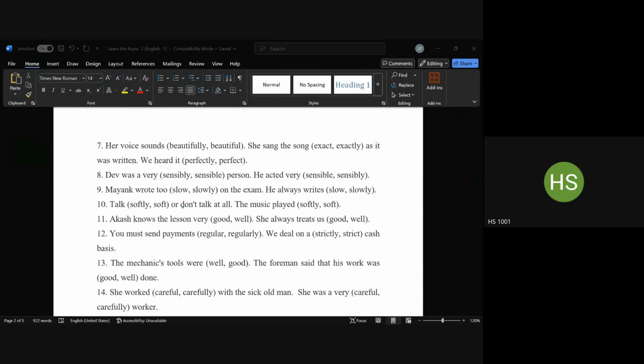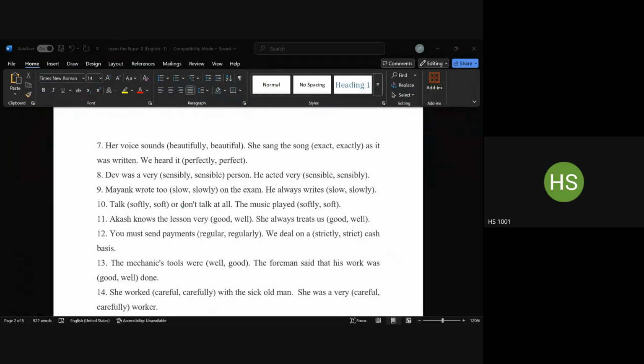Okay, so is well an adverb or an adjective? Can well be used in this context? Is it an adverb or an adjective? Ma'am, adverb. Akash knows the lesson very well. Well is an adverb here, right?